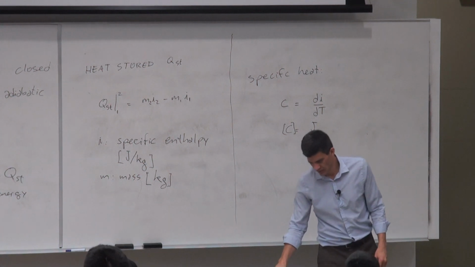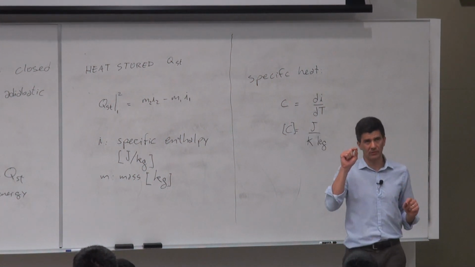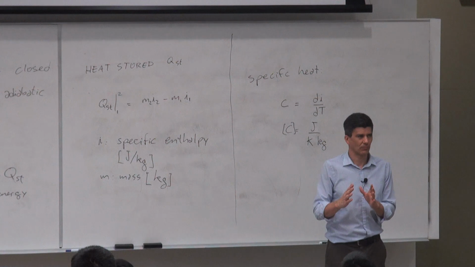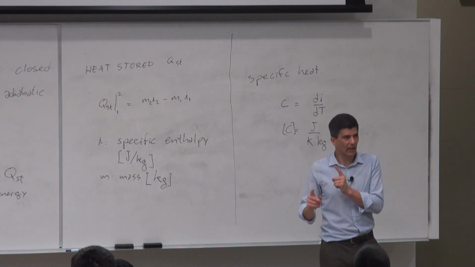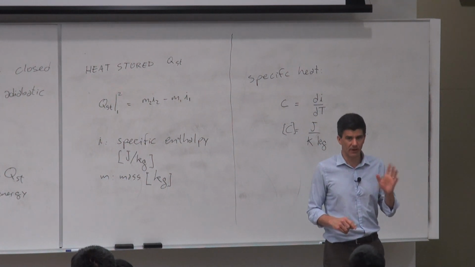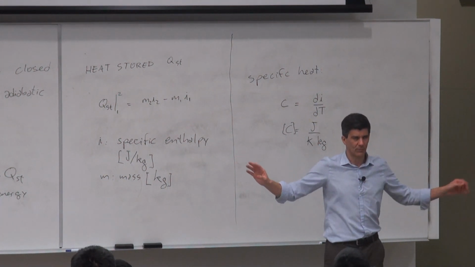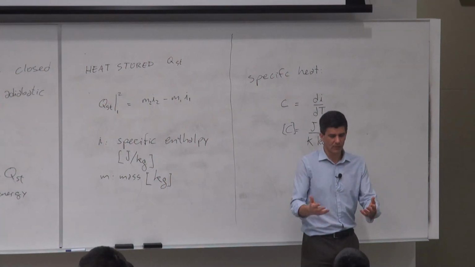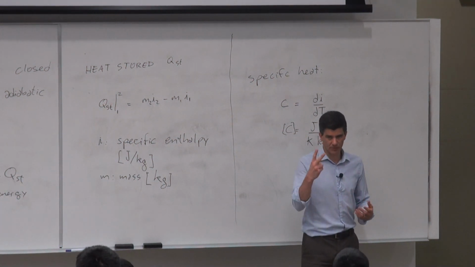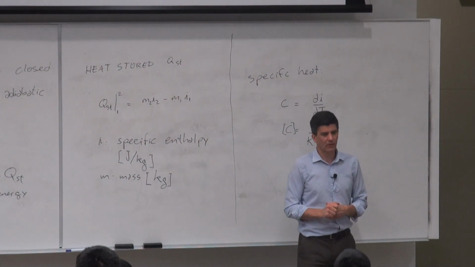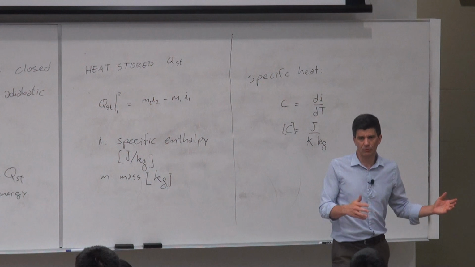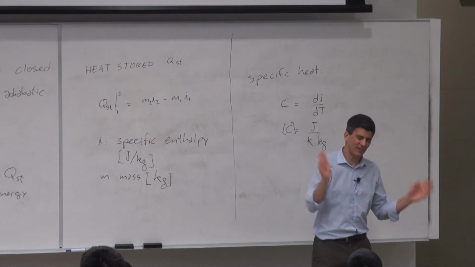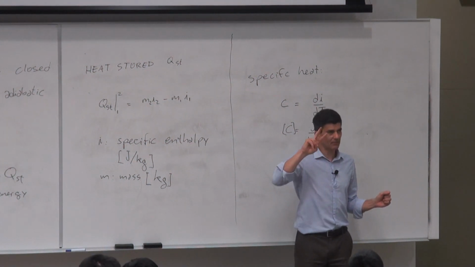We use the same symbol, the K or the degree C, for the absolute temperature or for the variations of temperature. So for absolute temperature, 1 Kelvin is not the same as 1 degree C. It's not the same as 1 degree Fahrenheit. For absolute temperature, all those are different. But if I'm going to talk about a variation, so for example, if I go from 20 degrees to 22 degrees, I increase 2 degrees, right? Some amount of heat or whatever. But if I go from 293 degrees to 295, that is 2 Kelvin, right?